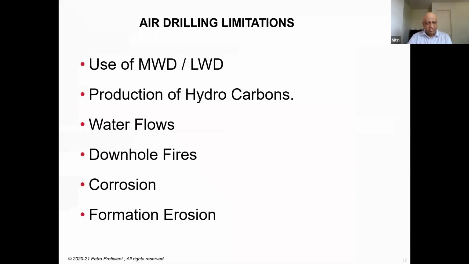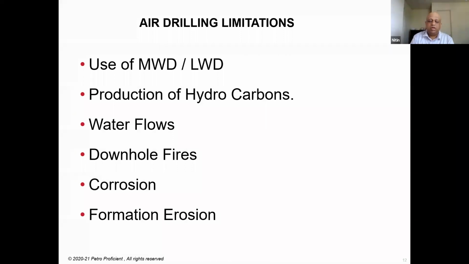So there are some other limitations. They're written down here. If you're not sure about a particular section having hydrocarbons, then you should not use it, because it can lead to downhole fires. If you have water flow zones, they can also create problems. MWD and LWD are another issue, where you need mud pulse telemetry.